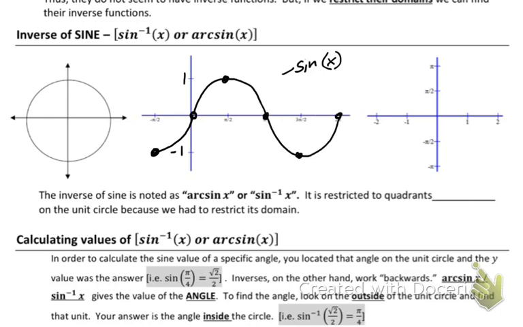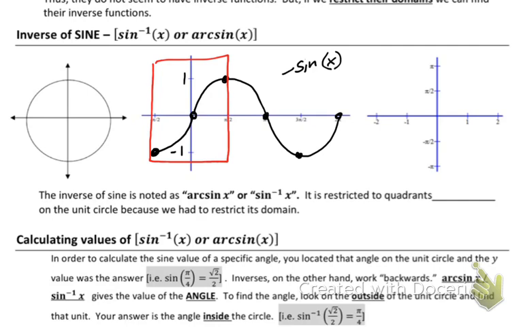So in fact, that's exactly what we're going to do. We're going to lop off everything except for that one little section. So I'm going to say the only thing I care about is that little section when I take the inverse. Everything else I'm just going to forget about. But that changes my unit circle just a little bit, because I'm not using all 4 of my quadrants.